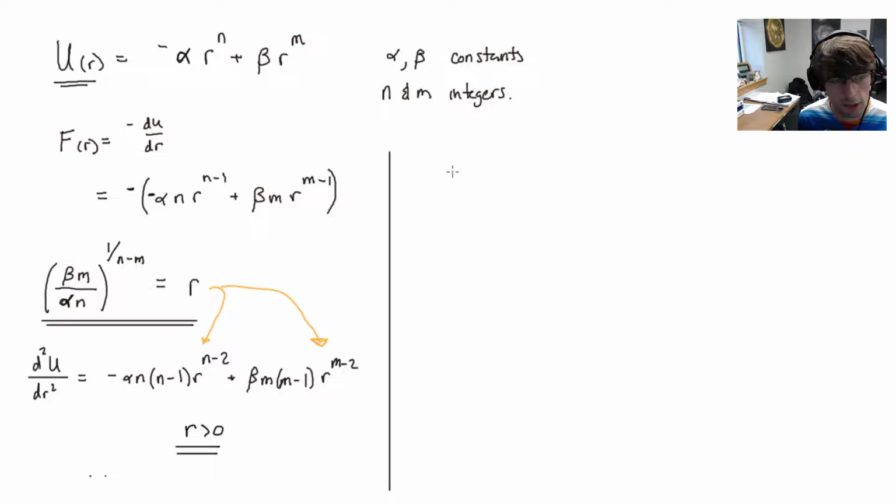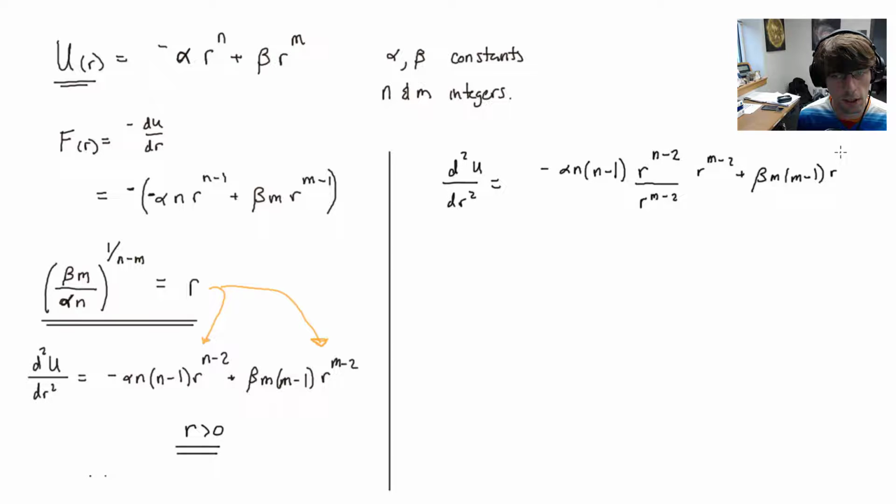And so what I'll get is d squared u over dr squared equals negative alpha n times n minus 1 r to the n minus 2 over r to the m minus 2 times r to the m minus 2 plus beta m times m minus 1 r to the m minus 2. So I just multiplied by 1.